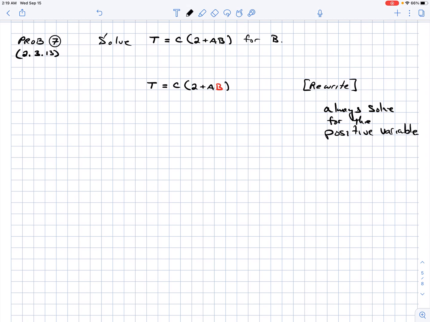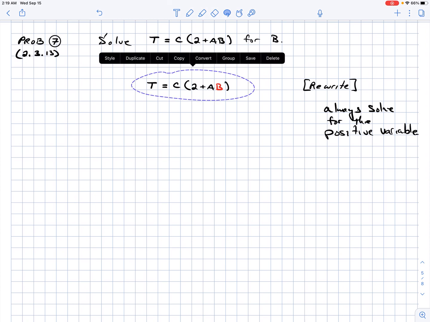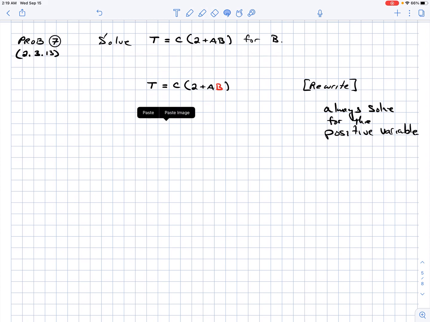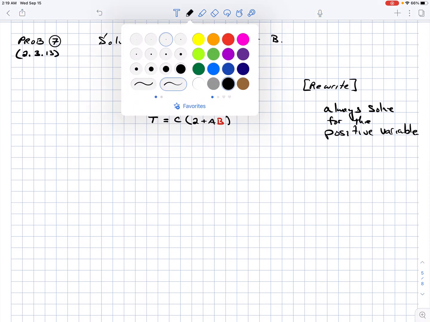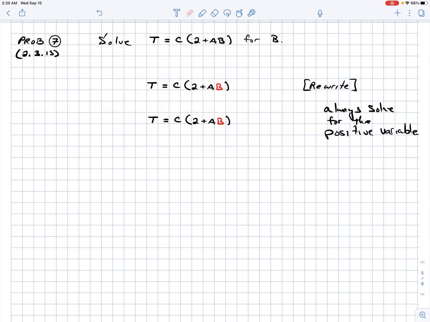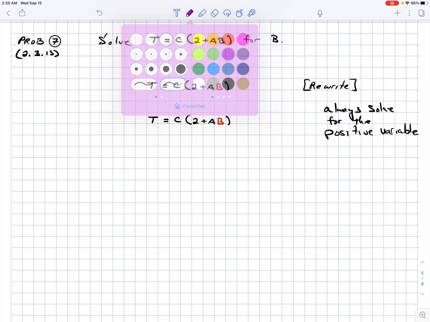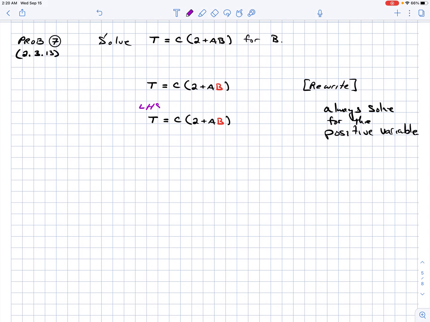So in this case, I'm just going to recopy it here just so I have a little bit of stuff to work with instead of making that a little bit messy. And see how I have that. Let's do it this way. Not red, because that's the same color. How about this dark purple? So here's the left-hand side of the equal sign, and here's the right-hand side of the equal sign.